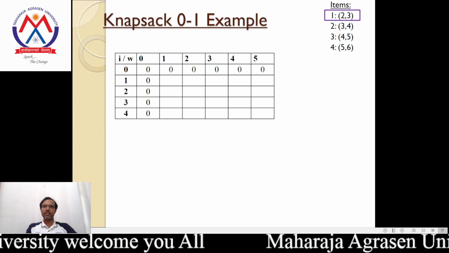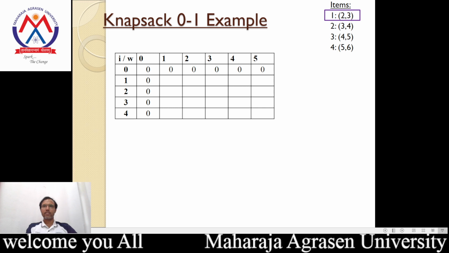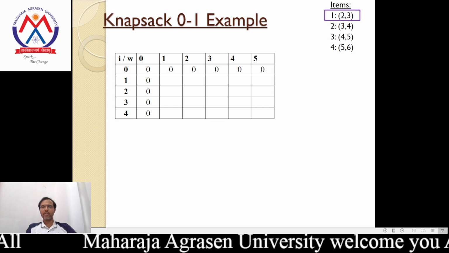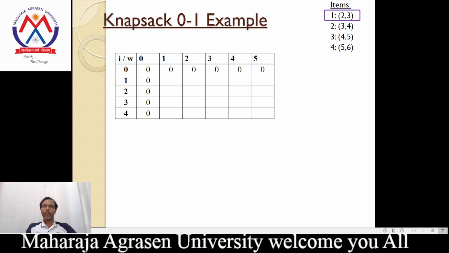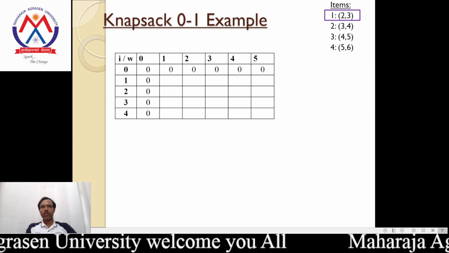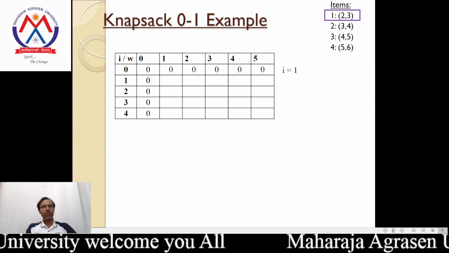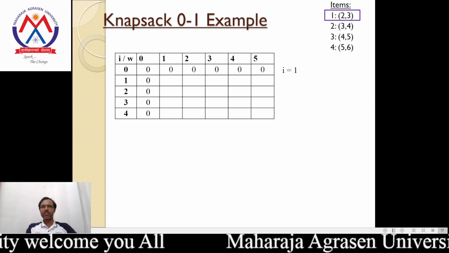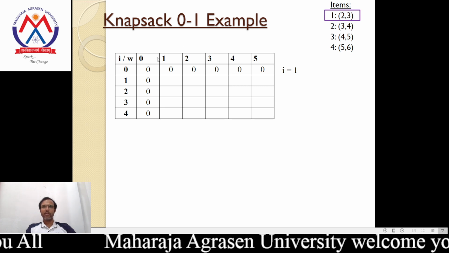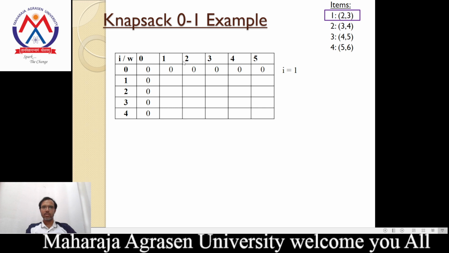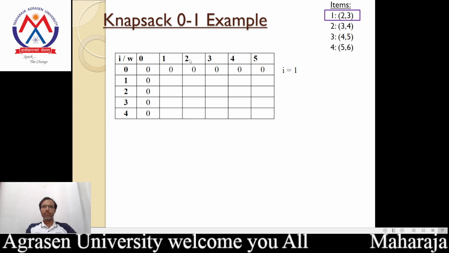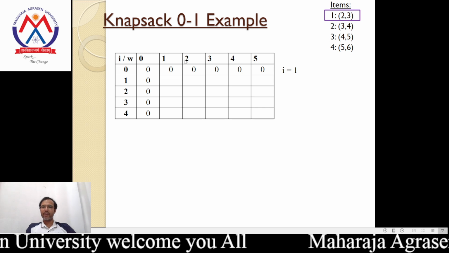Whenever we consider this item, initially we have selected the first item, that is, i1 equals 1. In that case, what is the profit? The weight of the first item is 2. That's why we make the profit accordingly.